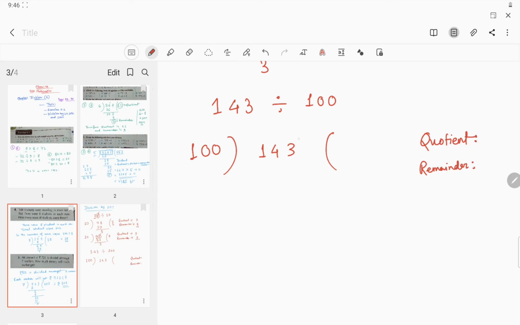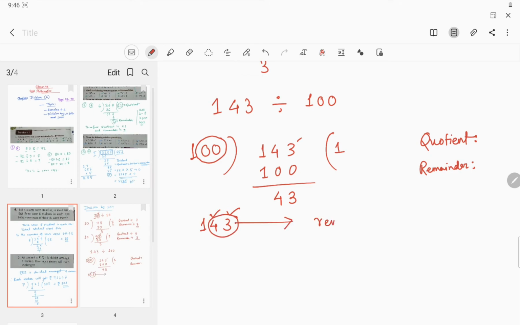Because there are 2 zeros, that means you are dividing by 100, so the last 2 places, that means for the number 143, the ones place and the tens place, will be your remainder.